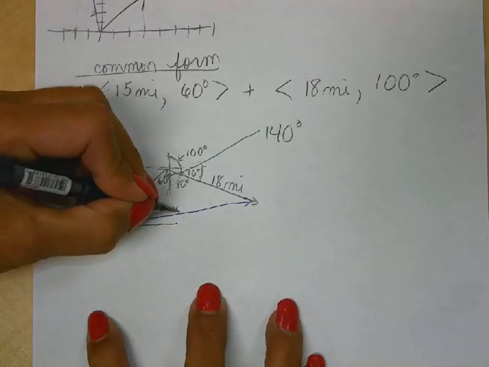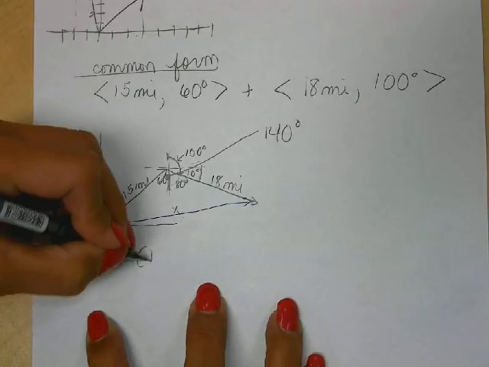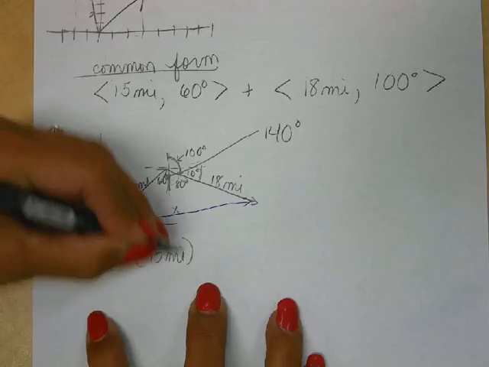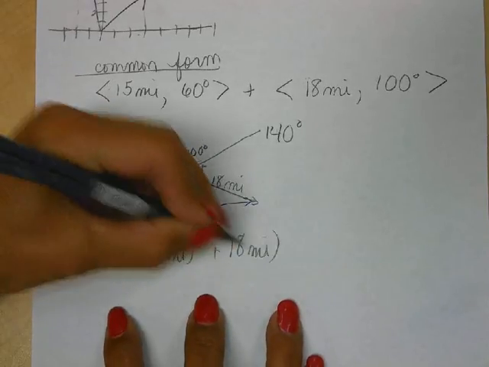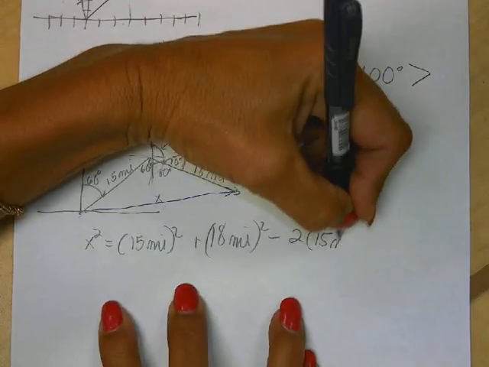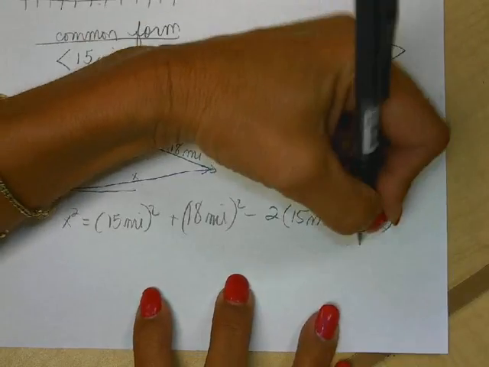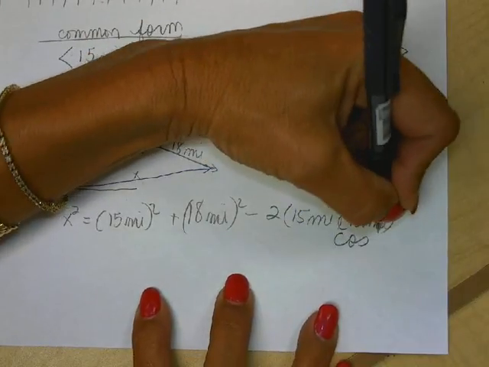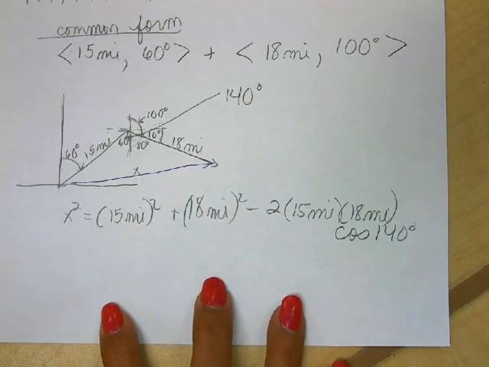So I can use law of cosines to determine this length. I'll just label it as x. So I would know that x squared would equal 15 miles squared plus 18 miles squared minus 2 times 15 miles times 18 miles times the cosine of the included angle, and the included angle is 140 degrees.